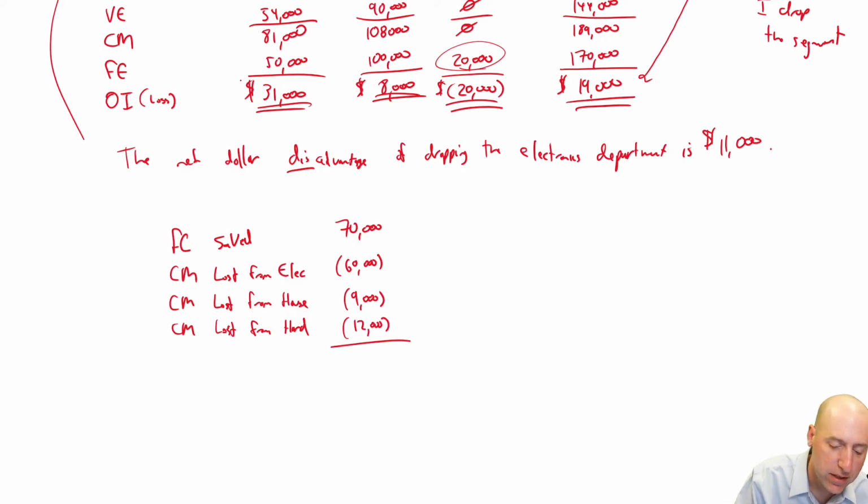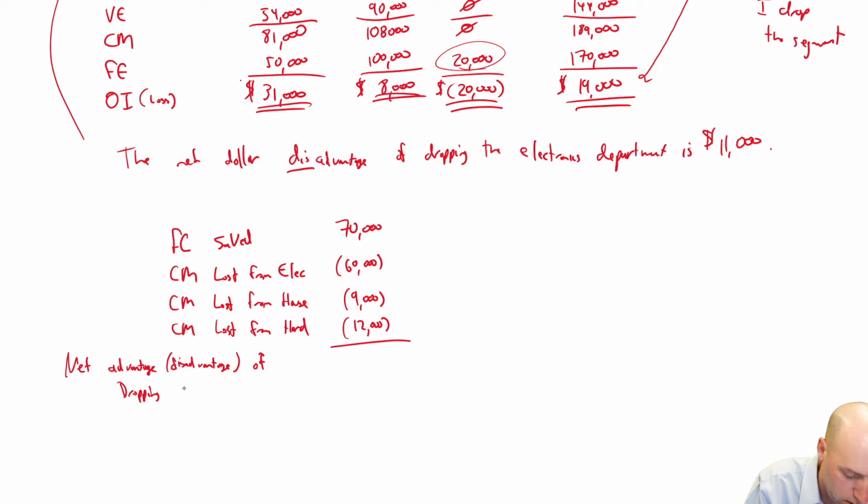So if I add this up, the overall net advantage or disadvantage of dropping the electronics department is 70 minus 60 minus 9 minus 12.